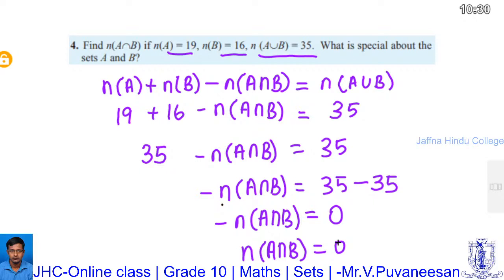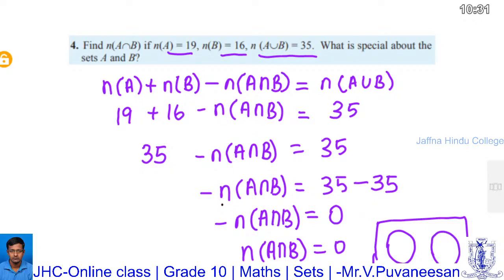So what can we say from this? Number of A intersection B equals 0, then what can we say? Disjoint sets. Oh yes, very good. There is no intersection between A and B. If A and B are like this, there is no intersection.